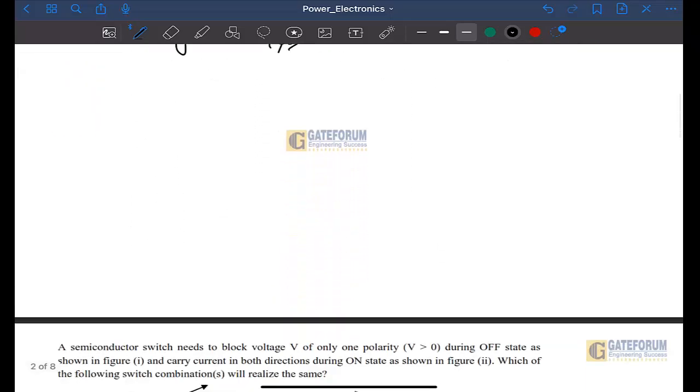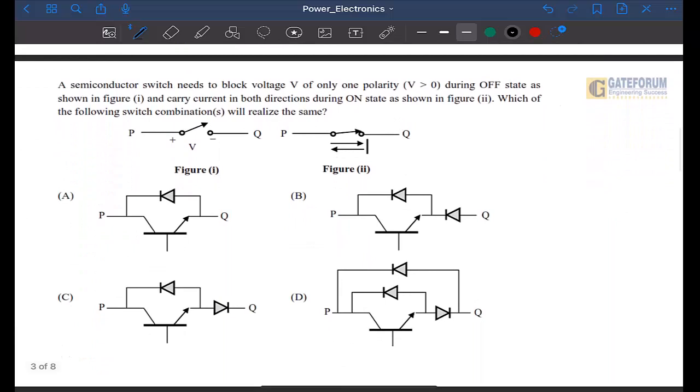We will move to another question which was also from power electronics, and it is from the fundamentals of power electronics, where we need to understand what is a bipolar switch, what is a unipolar switch, what is a unidirectional switch, and what is a bidirectional switch. A semiconductor switch needs to block voltage V of only one polarity.